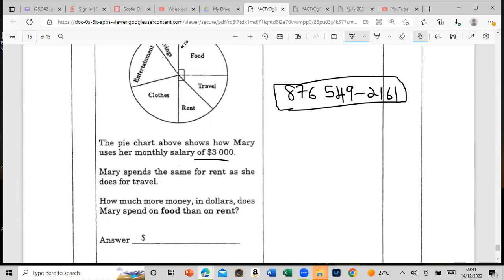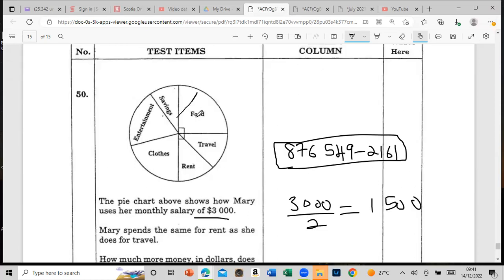We know that this is 3,000 divided by 2, which is rent, travel and food. So this portion here is $1,500. That's what she spends on all three of these. And she spent half of this on food. Everybody agree? Because this represents a quarter, it's half of this.